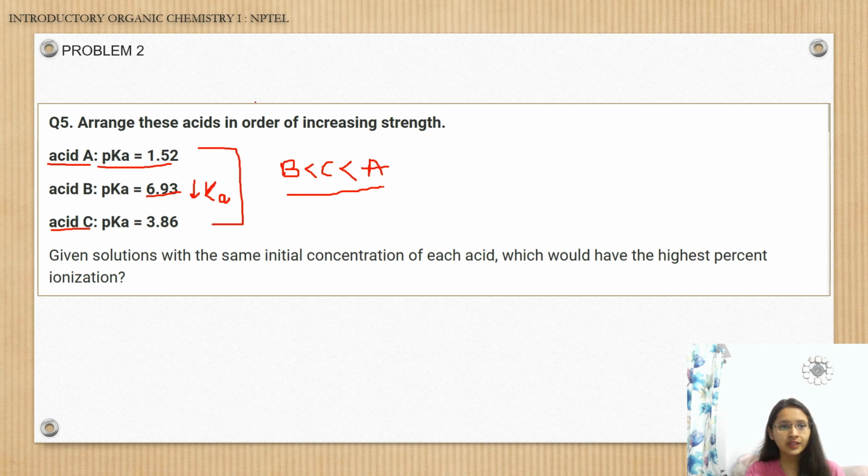B has the lowest acidity, then C, which in turn is a weaker acid than A.